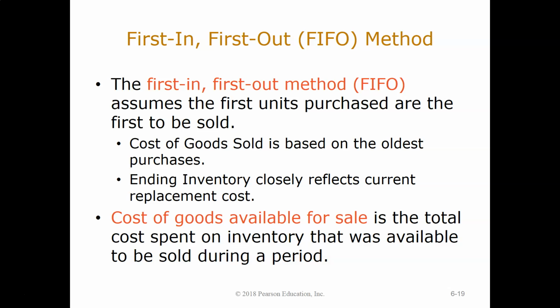So if I'm Target, and during the year I add up all my January, February, March, all the way to December, and I purchased 1,000 paper towels, and the sum of the cost of those paper towels was $950 to me, at the end of the year, I know that some of those paper towels were sold and represent cost of goods sold, and the remainder of them stay behind as ending inventory. We're going to look at a number example next.